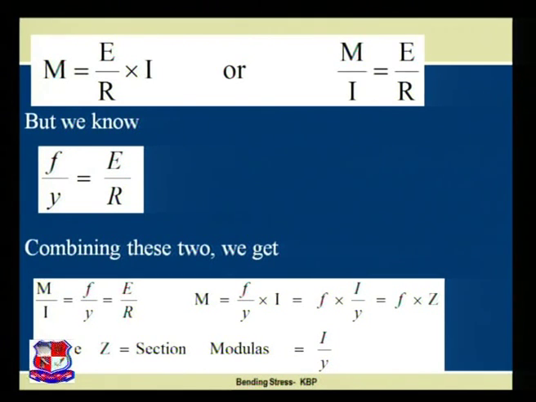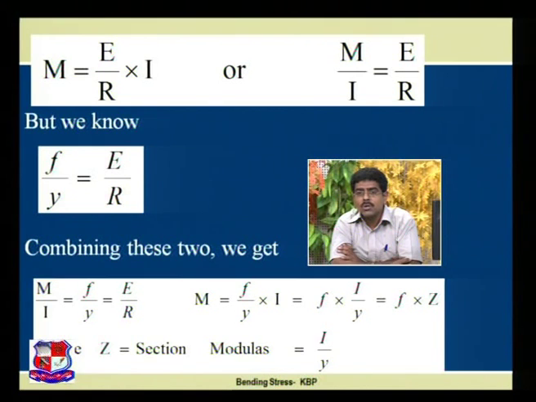We know that M is equal to F over Y into I. Then if we take together the terms, M is equal to F into I by Y, where I by Y is the ratio of moment of inertia to the distance from neutral axis. Repeat, I by Y, the ratio of moment of inertia to the distance from neutral axis, is known as section modulus.